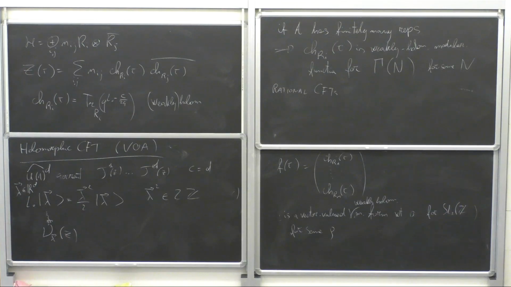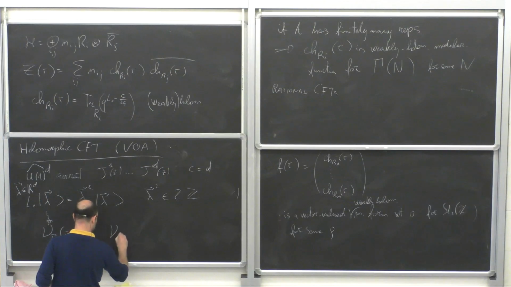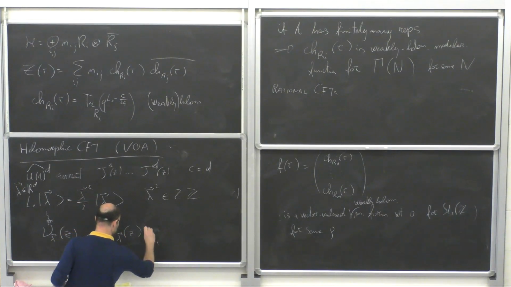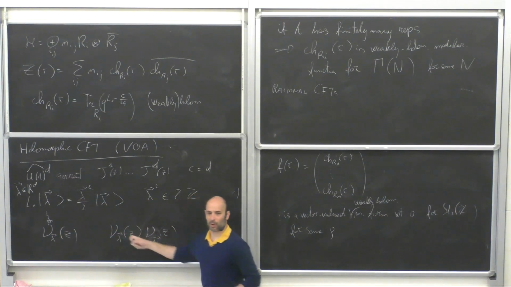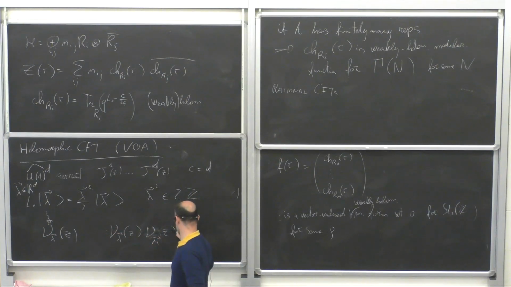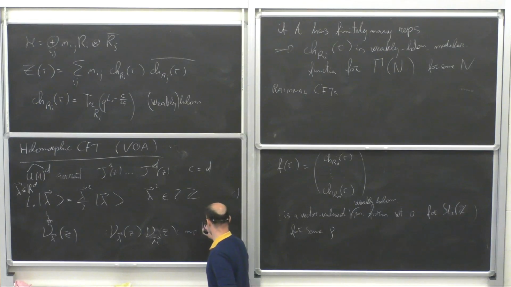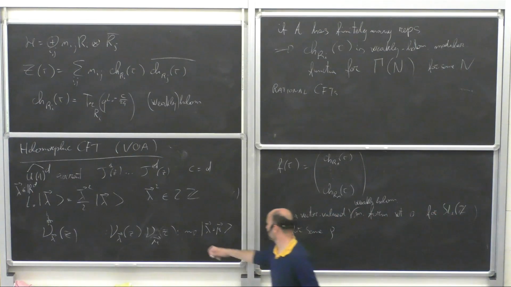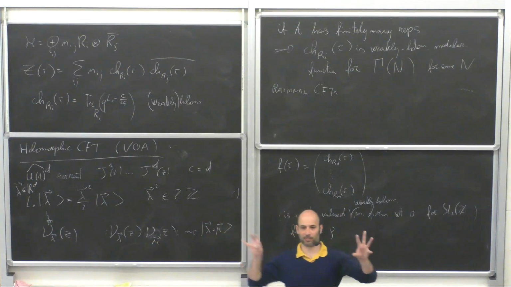If you have two operators with lambda and mu, then when you take their regularized product, this will correspond to a state whose charge is the sum of the two charges. So the charges add up when you take products of these two.